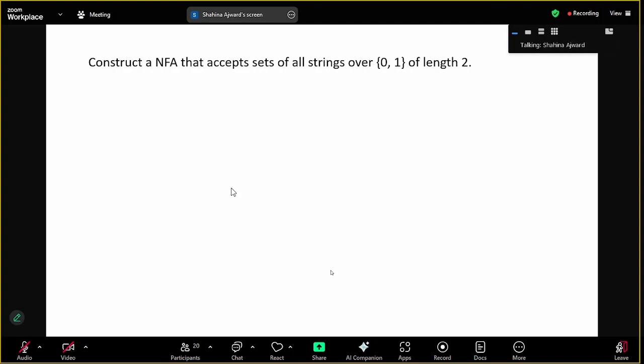I think what you mean is, can you draw from Q0 to Q3? Yes, you can draw that.